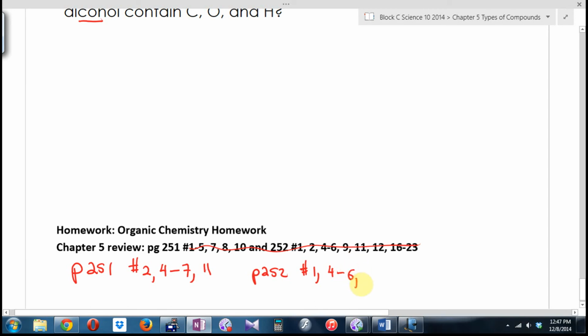Skip 8, it's kind of cool, but I'm going to pass. 9 is good. 11 is good. Skip 12. 13 to 15. Then I said 16 to 23, but that's a lot, so I'm going to go 16 and 17. Skip 18.